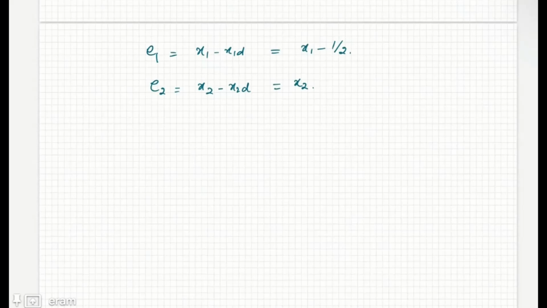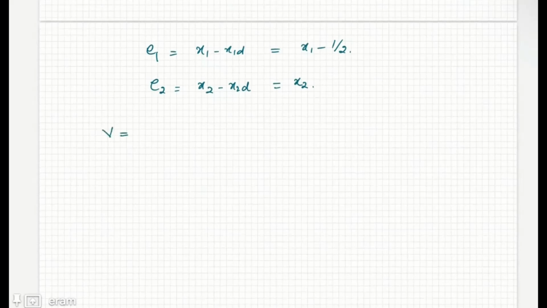We have to find the controller such that e1 and e2 converge to 0 as time goes to infinity, because then x1 converges to x1 desired and x2 converges to x2 desired.